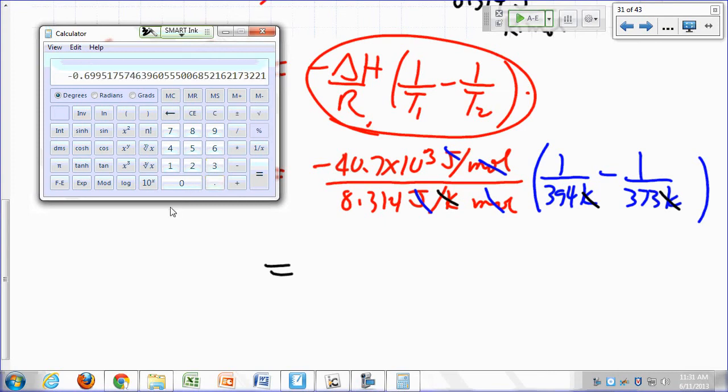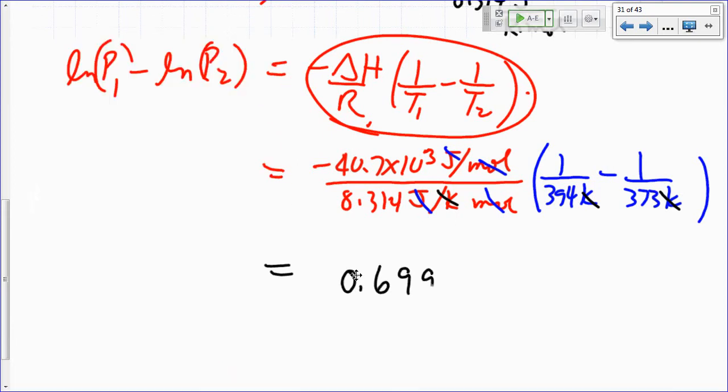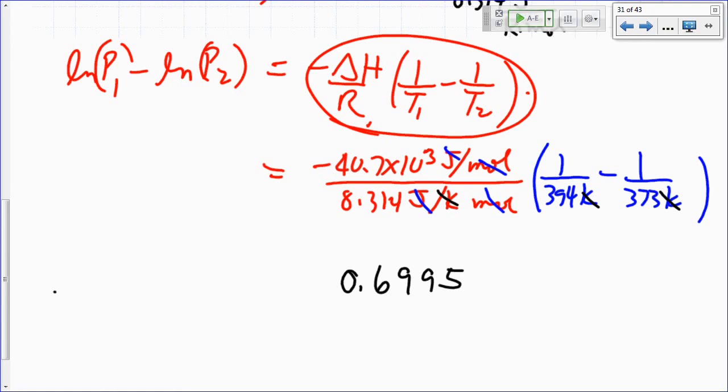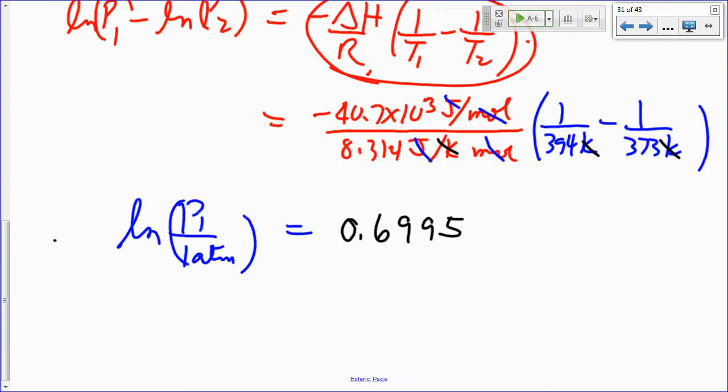That's negative times negative, so that becomes positive 0.6995. So that's ln P1 minus ln of 1. What's ln of 1? Or here, let's just make that ln of P1 over 1 atmosphere. It's equal to that. So you can say then that ln of P1 over P2, which is 1 atmosphere, is equal to 0.6995.